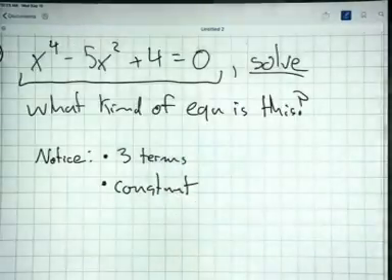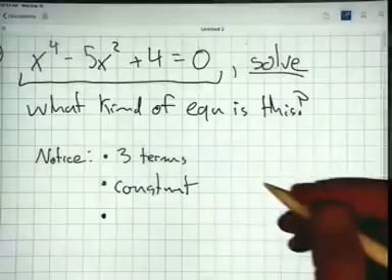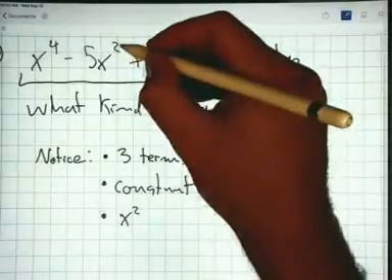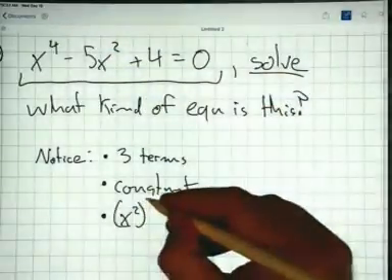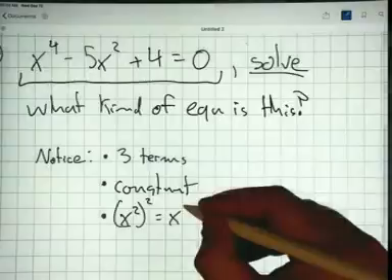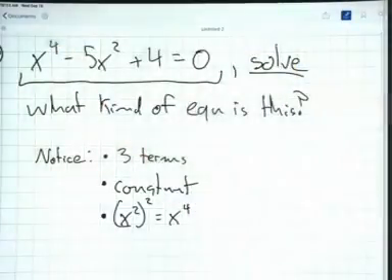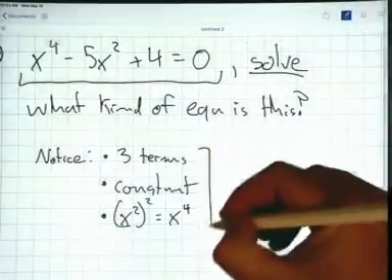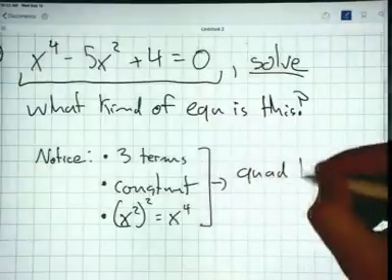Most quadratic equations also have a constant. The third thing I notice is this: if I take x squared here and I square it, I get x to the 4th. So these 3 things that I notice lead me to the conclusion that this is quadratic type.